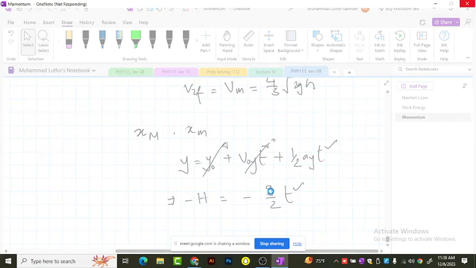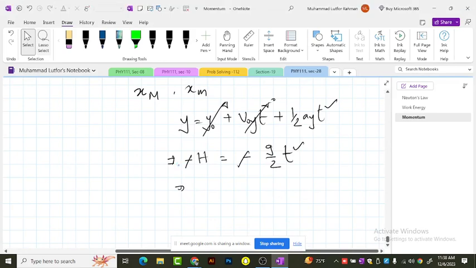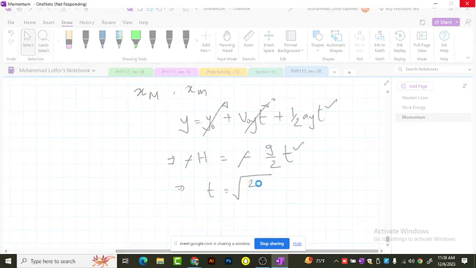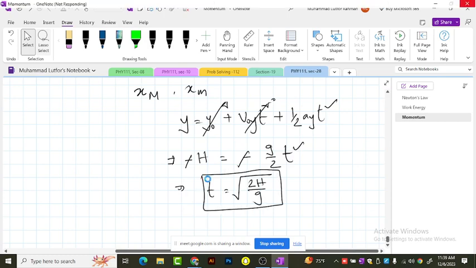I'm not plugging in the value of g, so I'm doing this analytically, so I can neglect the minus sign. Then t should be square root of twice h divided by g. So that should be the time period of these two blocks.